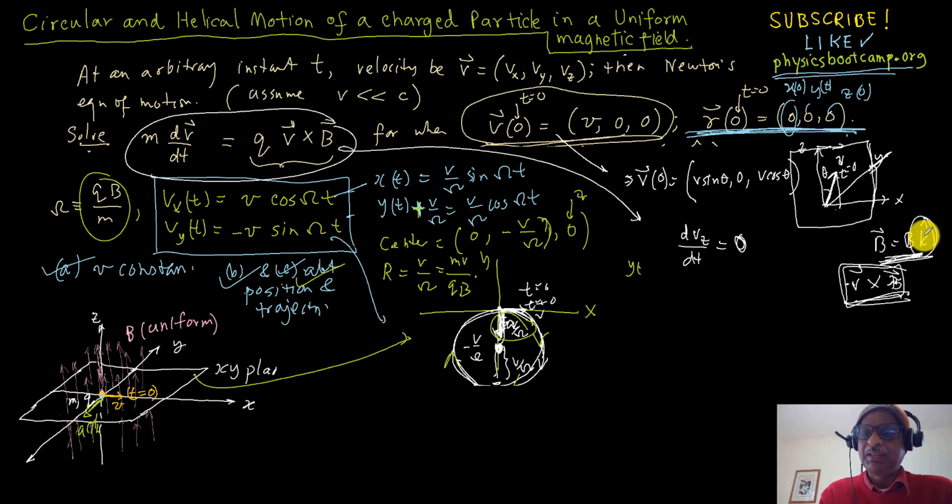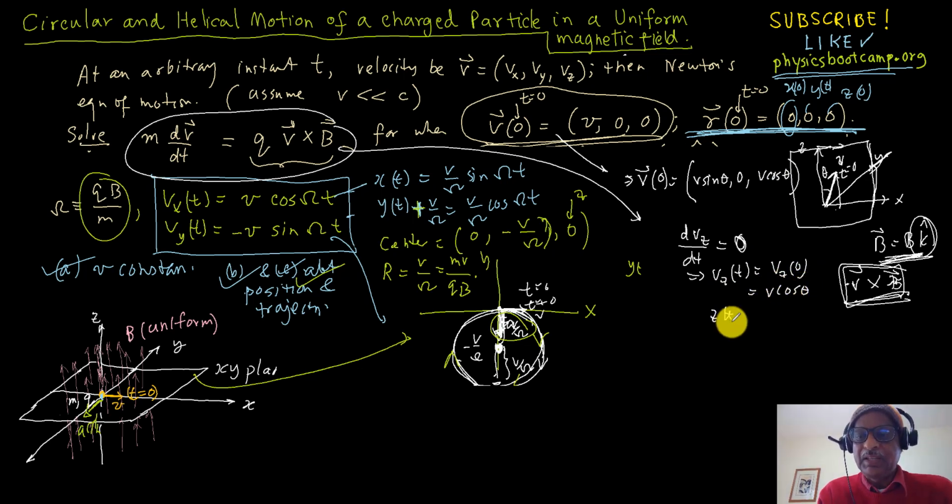So there will be no force along the k direction. So this means that Vz at any time t equals Vz at 0. That's going to be just V cosine theta.